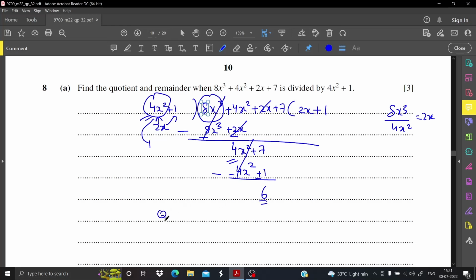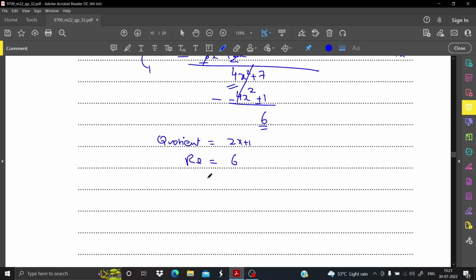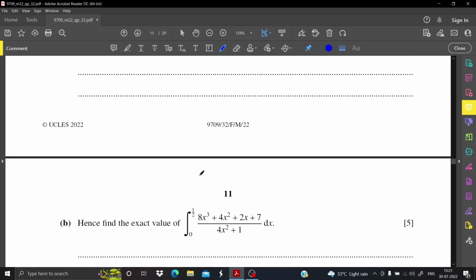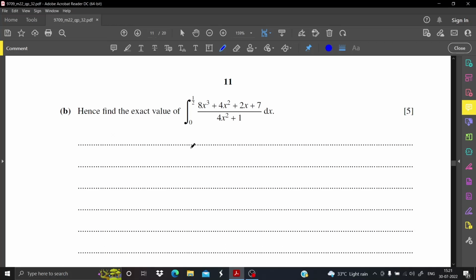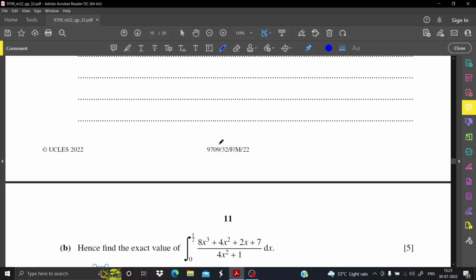Therefore the quotient is 2x plus 1. The remainder is 6. So that's the question. Now here it is asking, hence find the exact value of this. We already got the quotient and the remainder. So the integral of 8x cubed plus 4x squared plus 2x plus 7 divided by 4x squared plus 1 can be written as, we got the quotient.